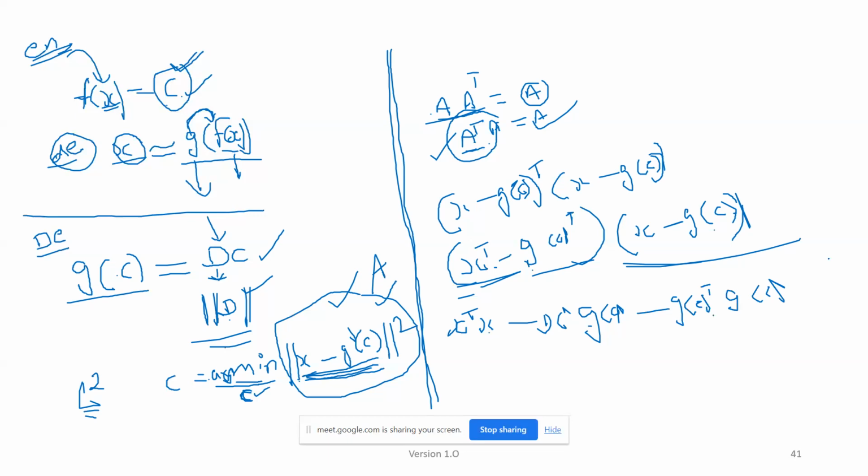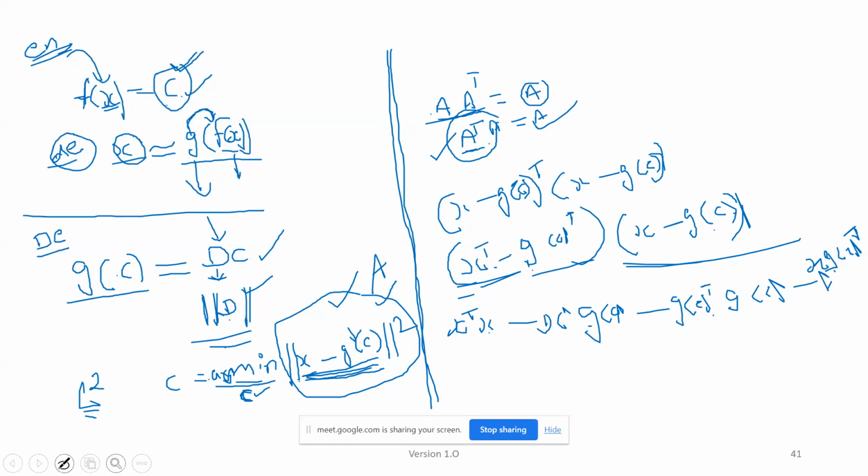So now I am going to get minus x into minus. So I'm going to consider minus x into g of c transpose. Okay, so after that, you need to derive a measure equation.